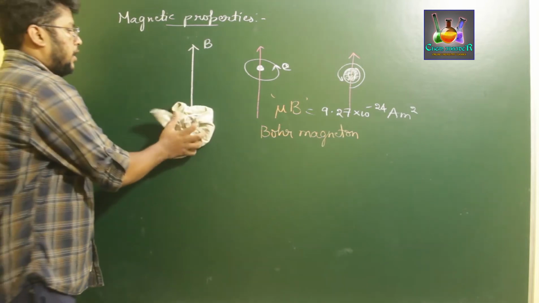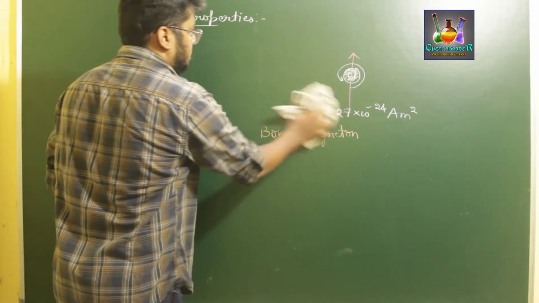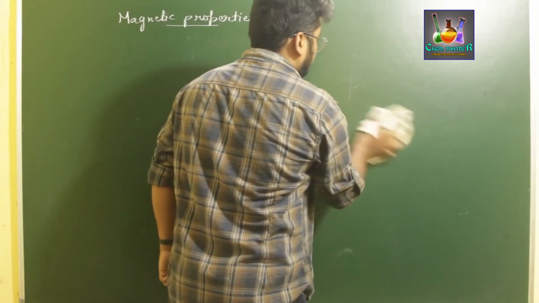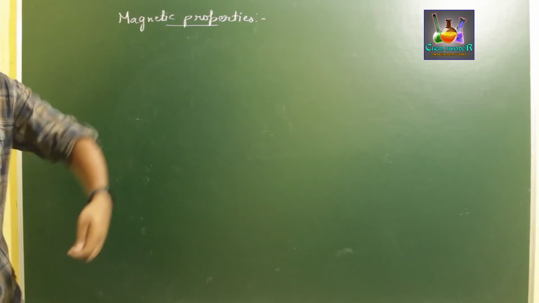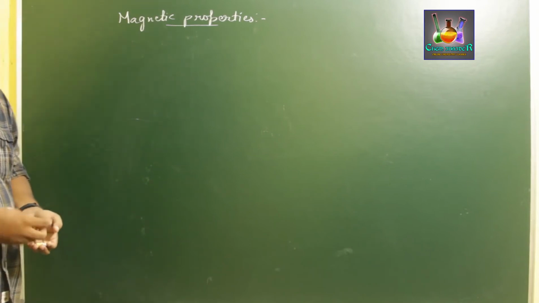Now we are going to classify different types of substances into magnetic substances depending on how they react with the applied magnetic field.